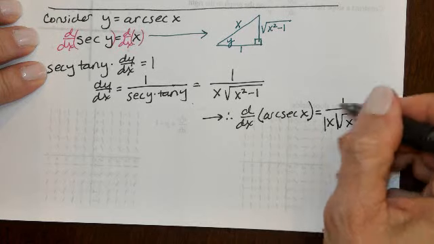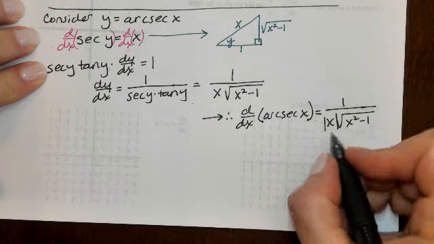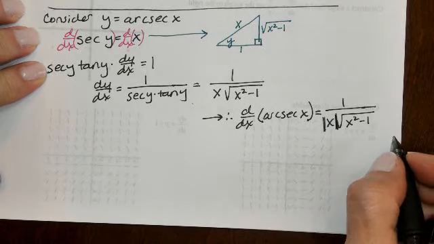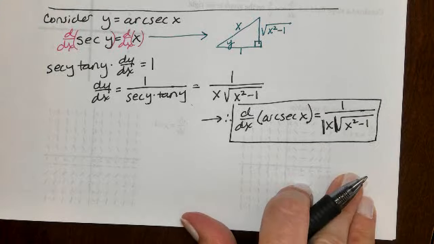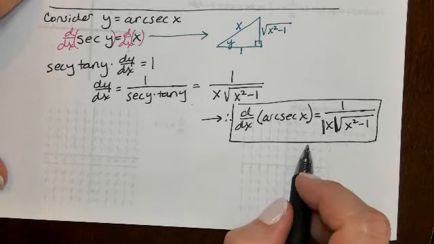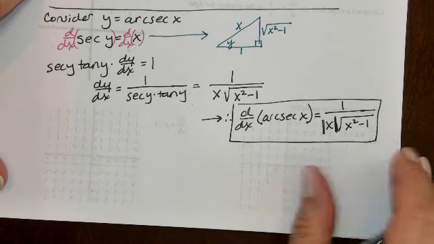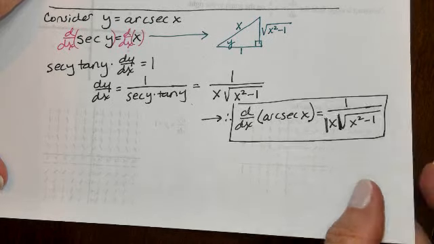So that's going to always be positive. All right? So we need those absolute values here in this formula. It needs to be positive because of that domain restriction. It's always going to be positive.